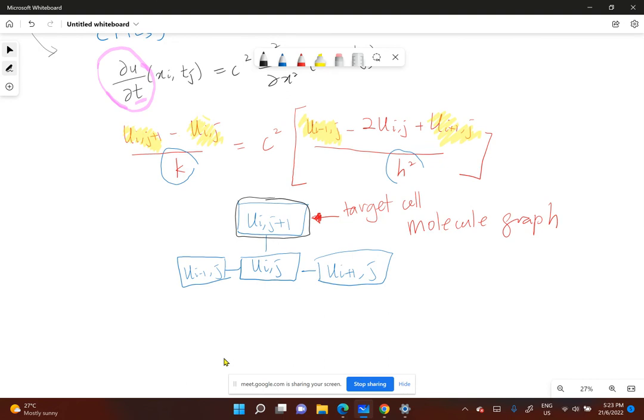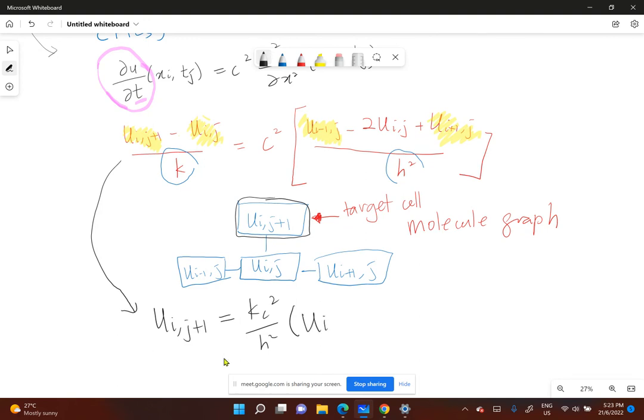Okay, so kalau lah daripada ini kan, saya jadikan uij plus 1 equal to, saya bawa k tu ke sana, jadi kc square over h square.